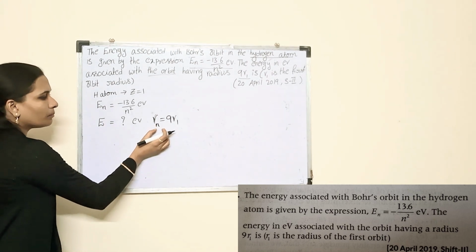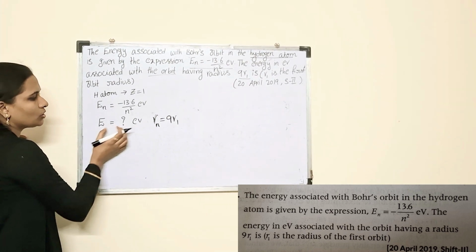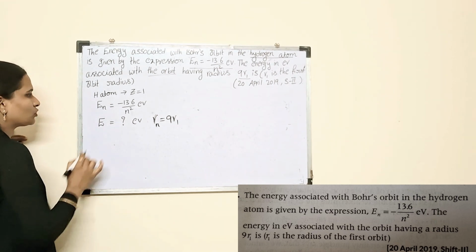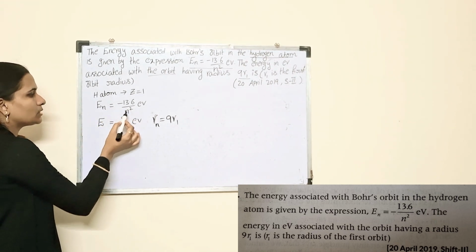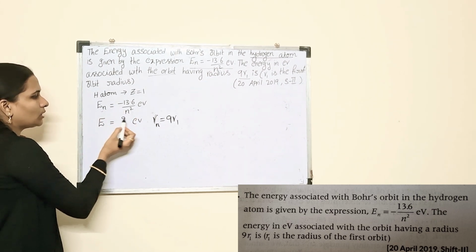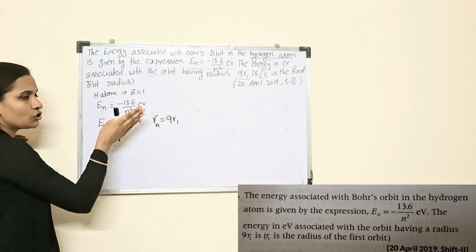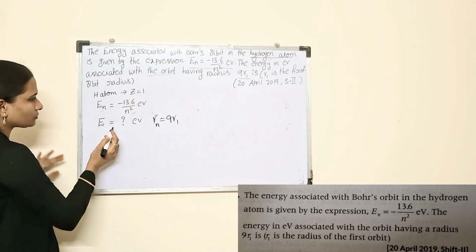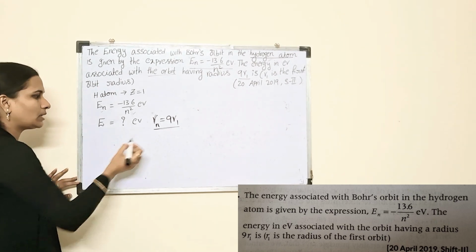So based on this orbit, they are asking the energy in electron volts. The energy formula is given: minus 13.6 by n square electron volts. If we know the n value, we can calculate the energy of that orbit. Now based on the radius we can calculate the n value.